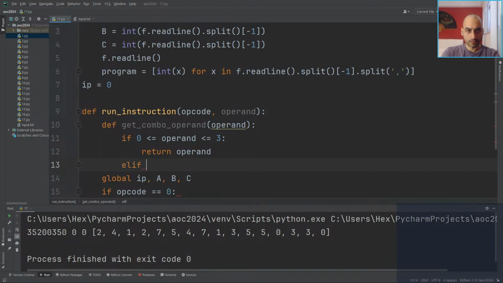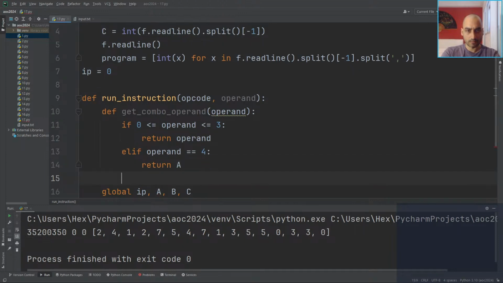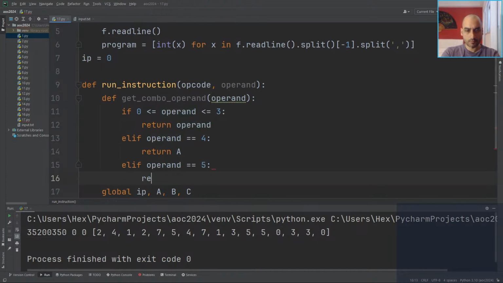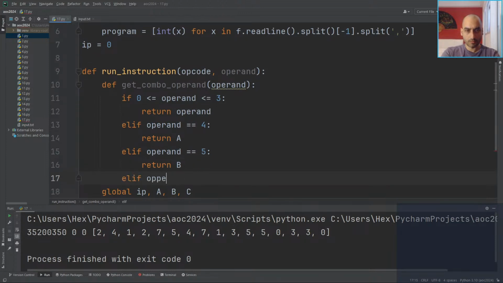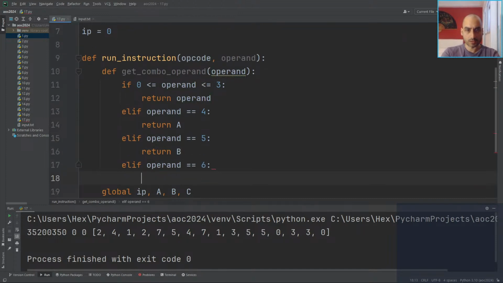Elif operand is 4, return A. Operand is 5, return B. Operand equals 6, return C. 7 is not going to come up. I'm guessing 7 might be used in part 2 or something.